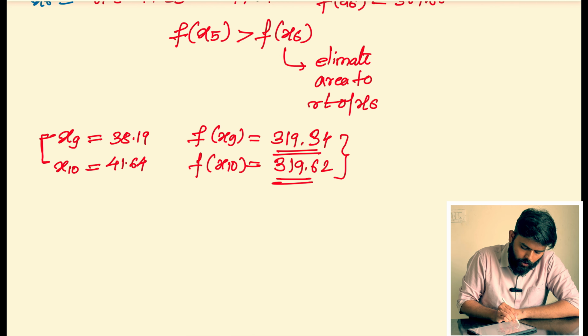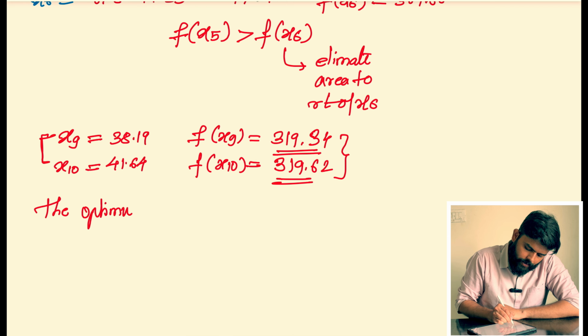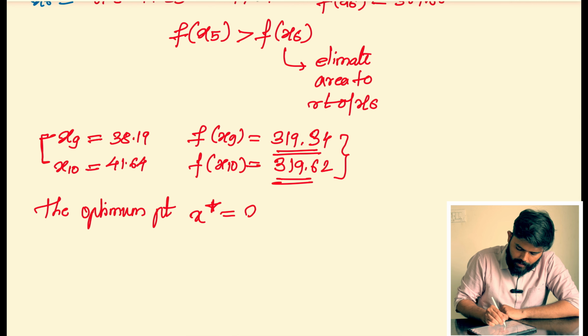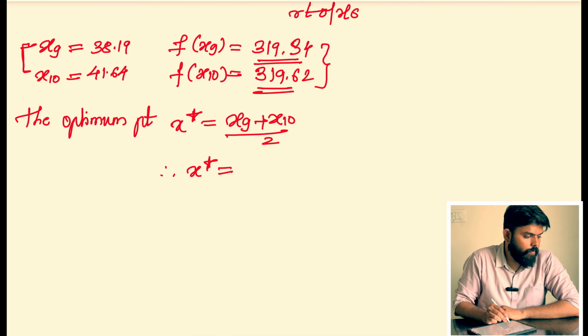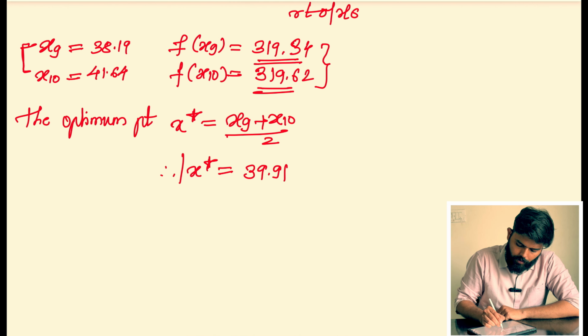We can take the average of both the values. So we can write down the optimum point: x star will be the average of x9 and x10. So taking the average of 38.19 and 41.64, the answer of x star is 39.91.